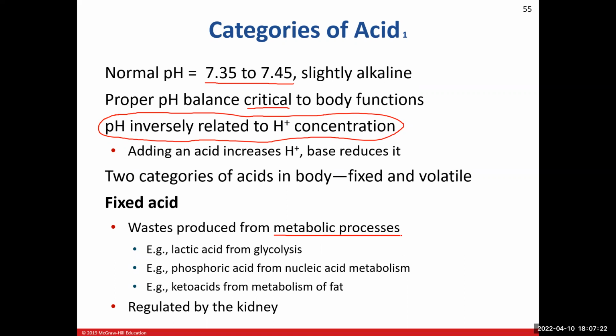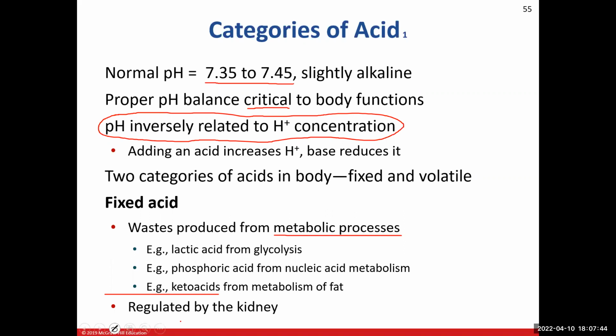If we start to break down fat, we will produce ketoacids. And so unfortunately, diabetics are more at risk for ketoacidosis because a lot of times without the aid of insulin for glucose metabolism, they are forced to use fat for energy.